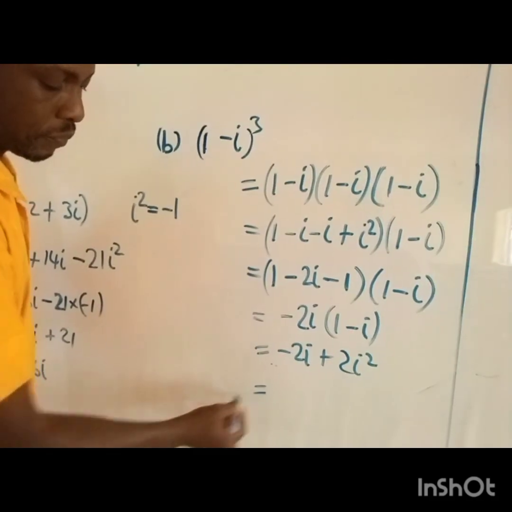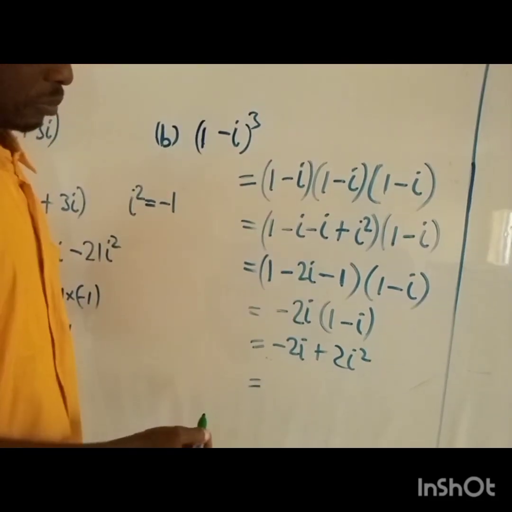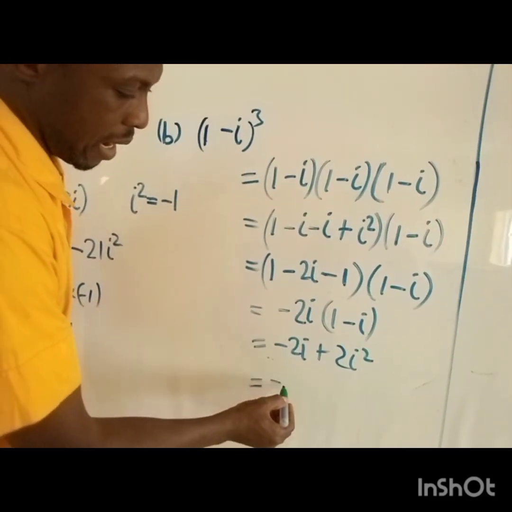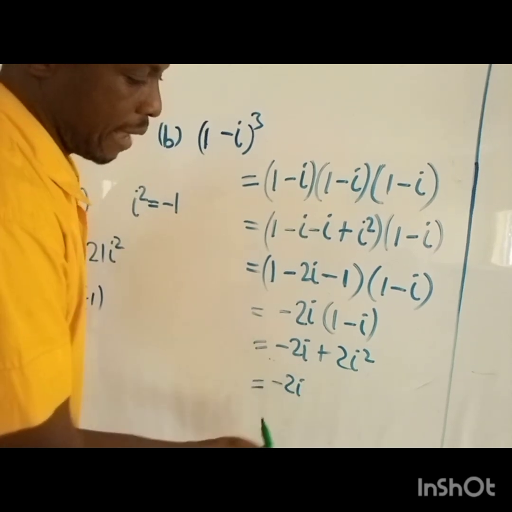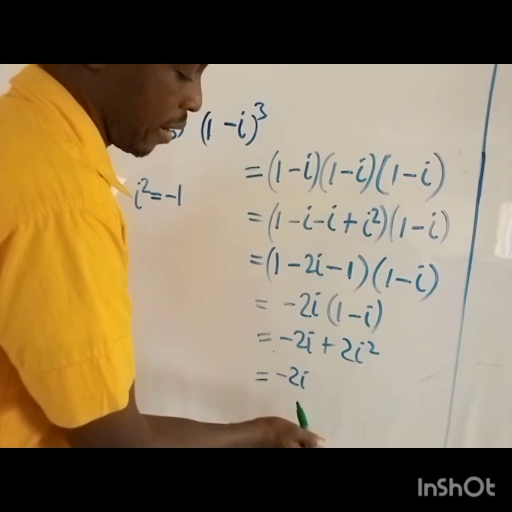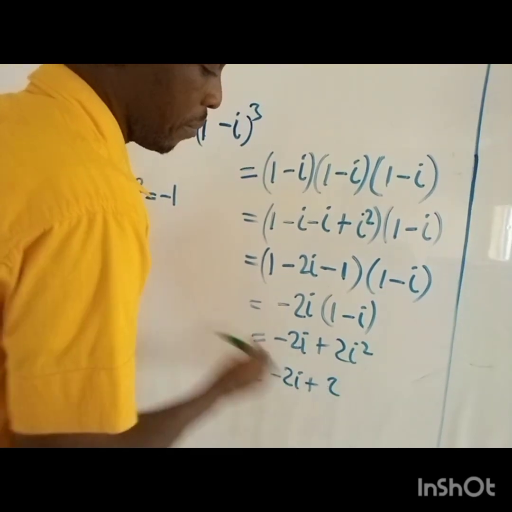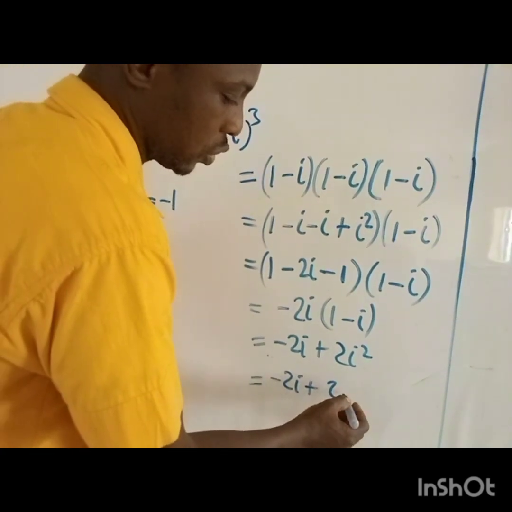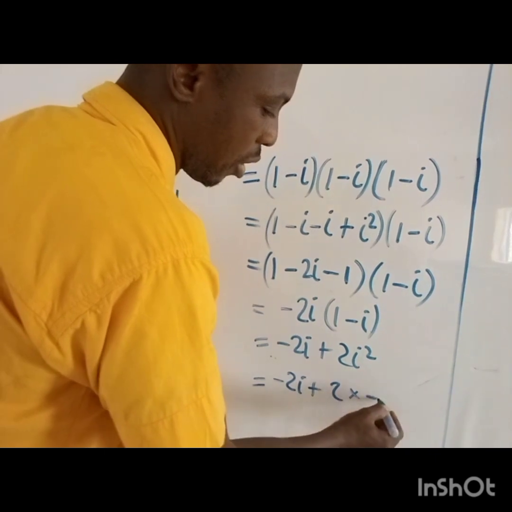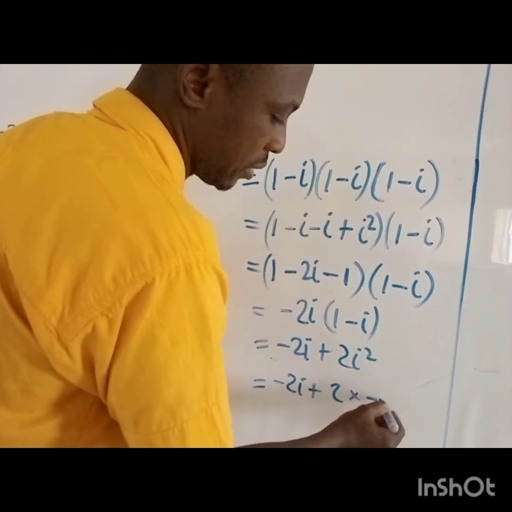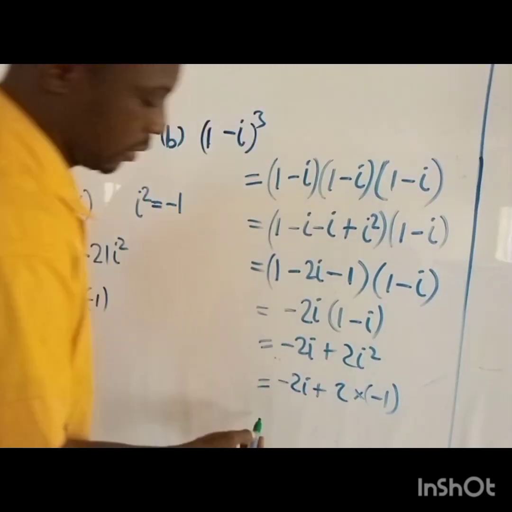So this becomes minus 2i, i squared, remember it is minus 1. So this becomes times minus 1.